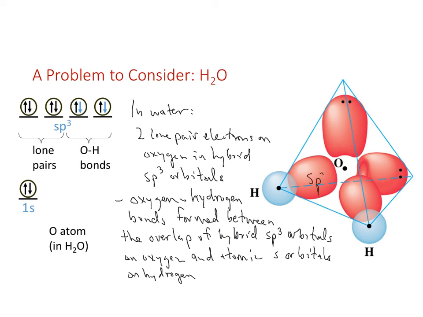So here's our sp3, sp3, sp3, sp3, and then here would be our atomic s orbitals from the hydrogen.